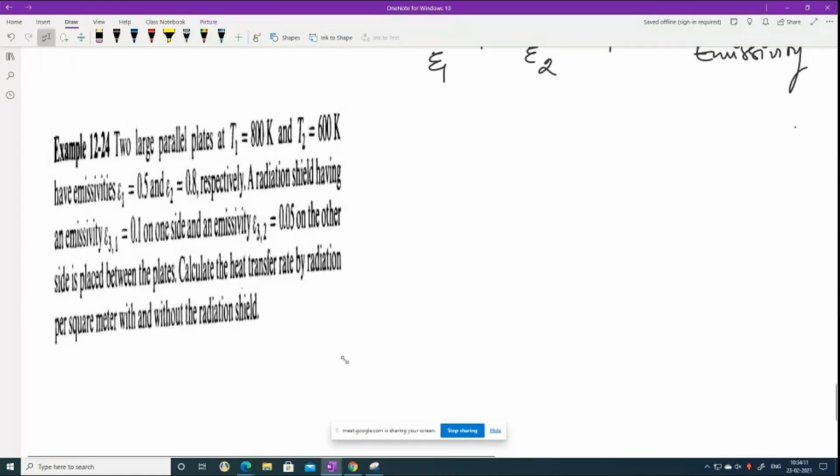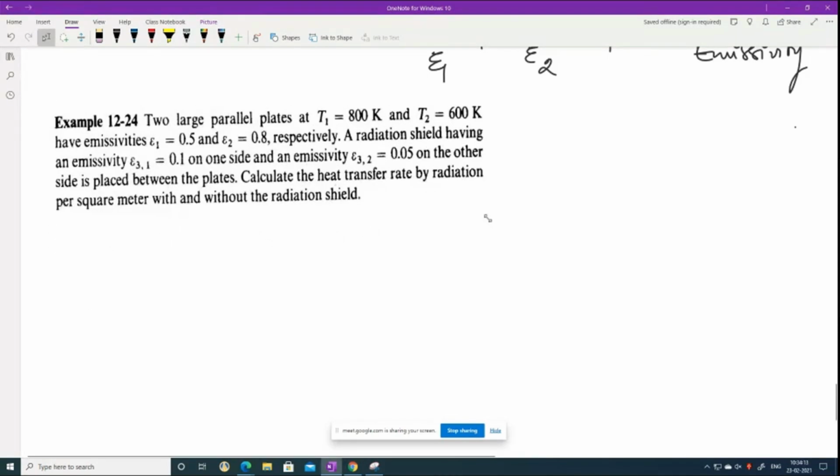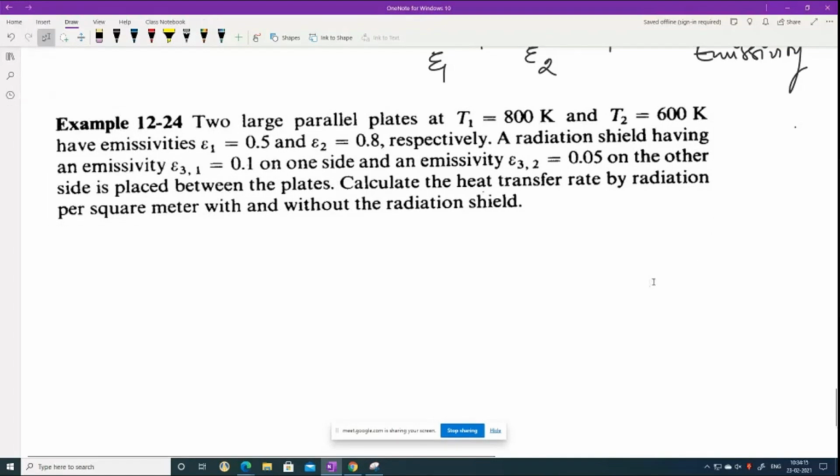In this question, we will not be taking everything that is there. This is actually a question based on the radiation shield, which we have not seen yet. So we will solve the part of the question that doesn't have the radiation shield.